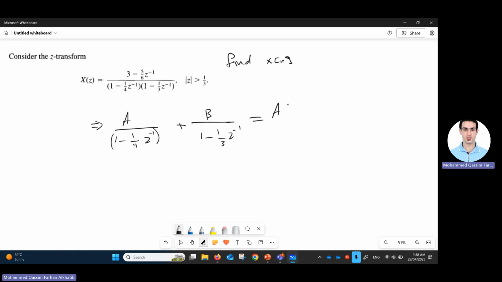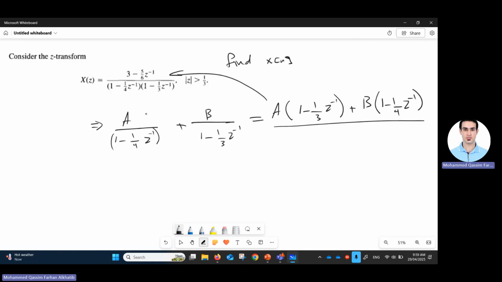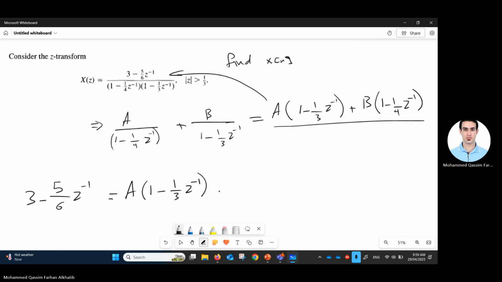So I have A times 1 minus 1 over 3 z negative 1 plus B times 1 minus 1 over 4 z negative 1. And this expression should equal the numerator there. So I will have 3 minus 5 over 6 z negative 1 equals, and I rewrite that whole thing there, A times 1 minus 1 over 3 z negative 1 plus B times 1 minus 1 over 4 z negative 1.